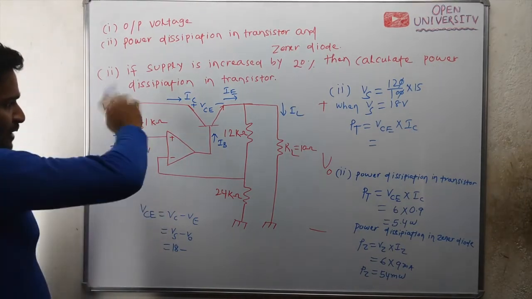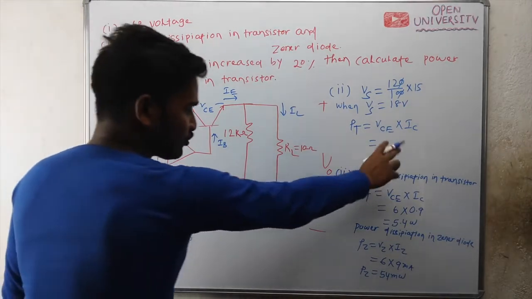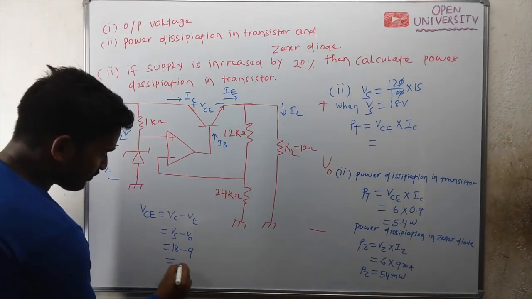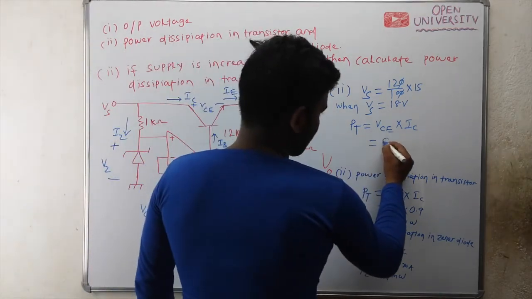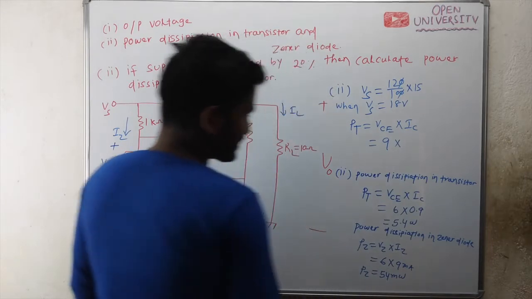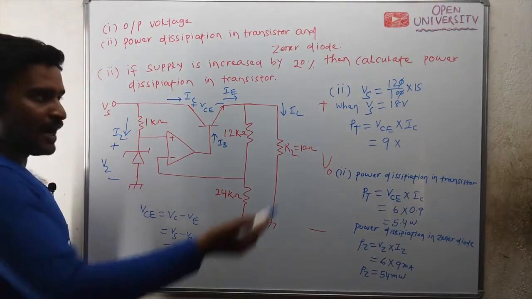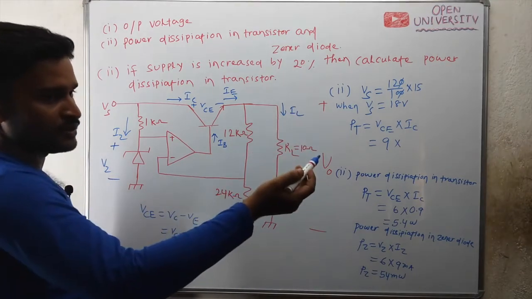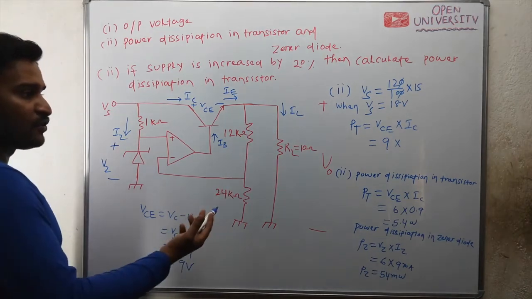Now if supply voltage changes, output voltage will not change, so output voltage will remain at 9 volt. Output voltage is 9 volt, so Vc will be 9 volt. So power dissipation will be 9 volt into what is Ic value? If output voltage will not change, load current will not change. If load current will not change, emitter current will not change.